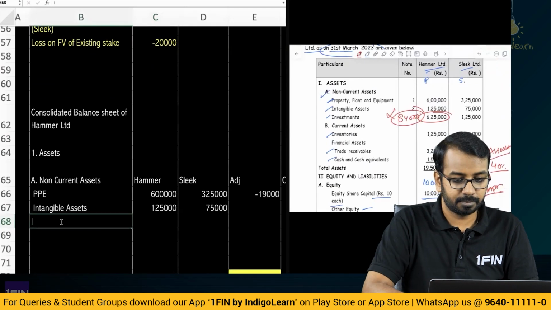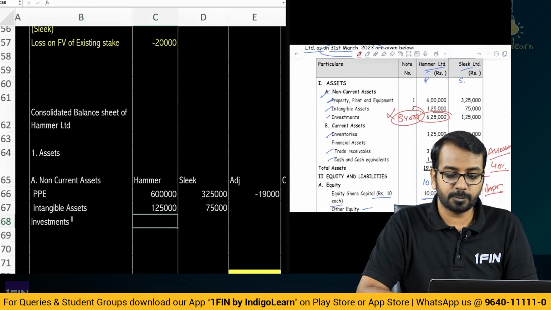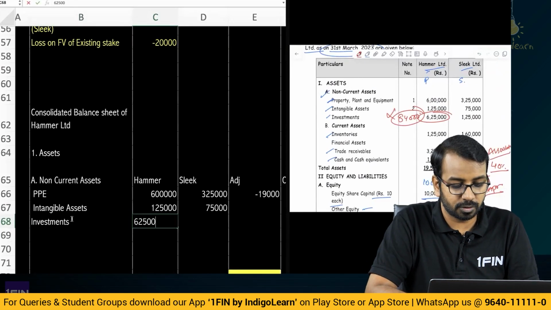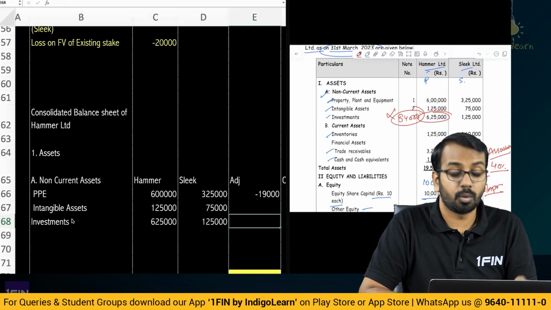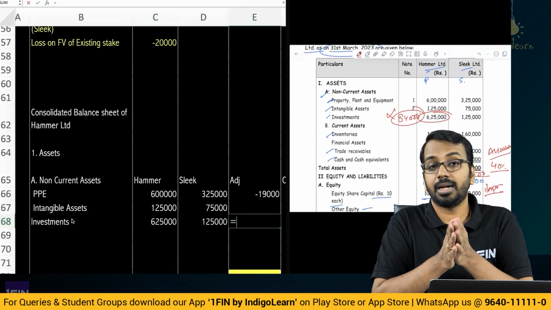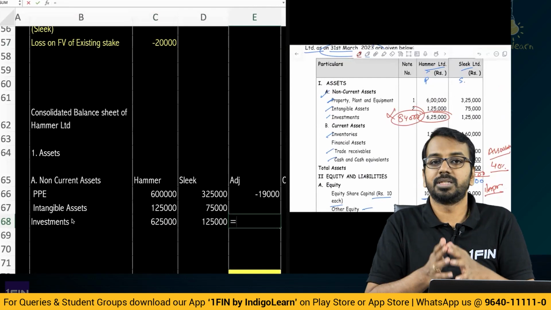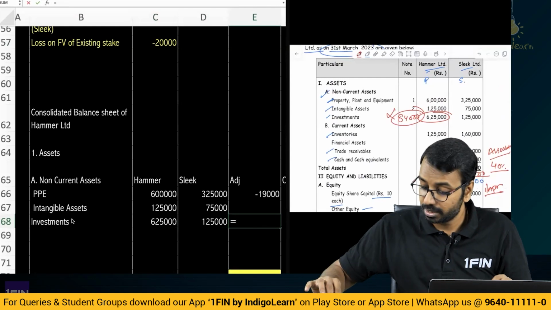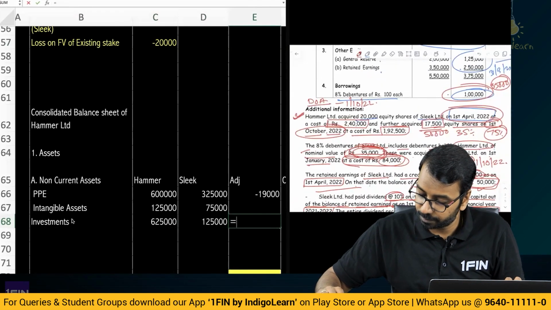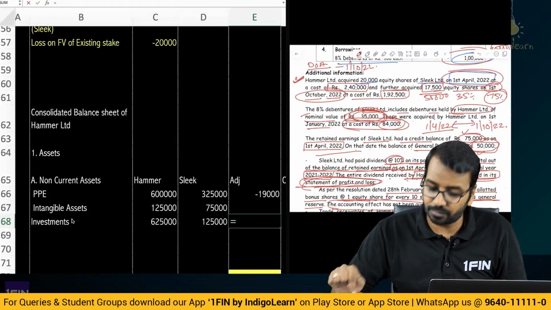Then investments. You have 6,25,000 for Hammer and 1,25,000 for Sleek. Now what is the adjustment? There are multiple items to be adjusted. First is the cost of investment, that is 2,40,000 and 1,92,500.